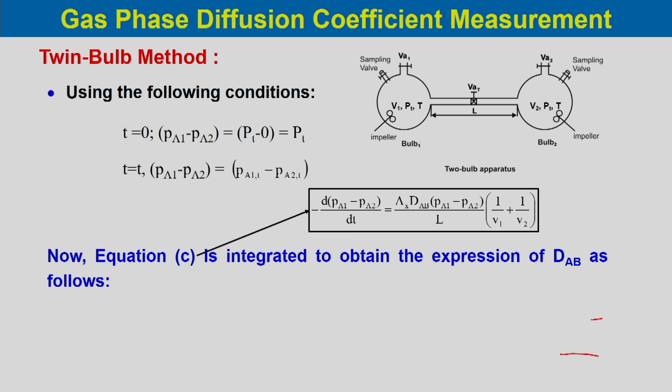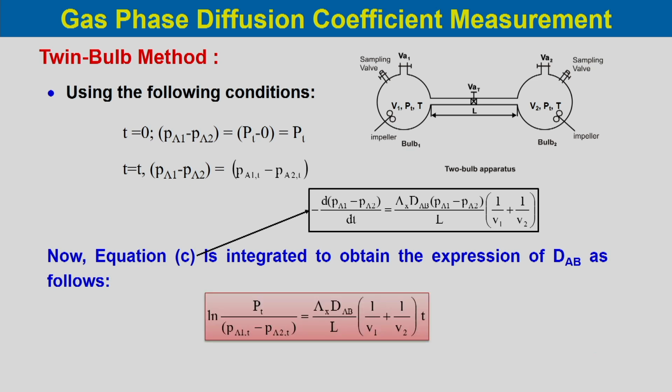Equation C is minus d(PA1 minus PA2) by dt equal to Ax DAB (PA1 minus PA2) by L into (1 by V1 plus 1 by V2). We obtain after the integration ln of P0 by (PA1 at t minus PA2 at t) equal to Ax DAB by L into (1 by V1 plus 1 by V2) into t.